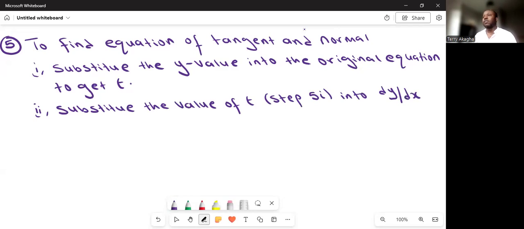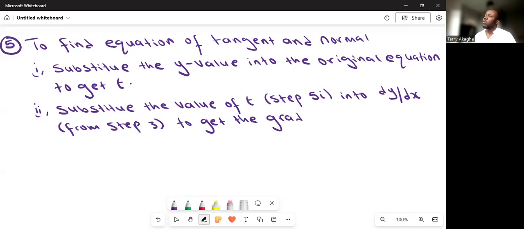So dy over dx from step 3 to get the gradient. Okay? So the gradient here is going to be called mt. Is that making sense?